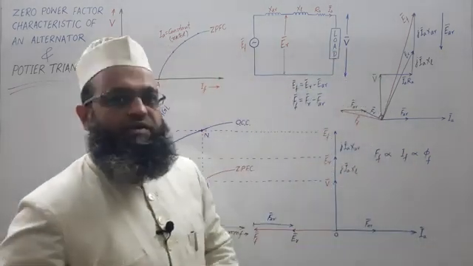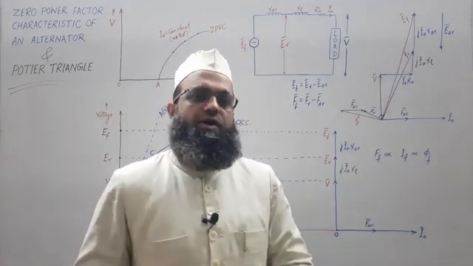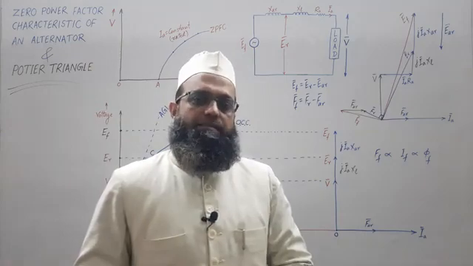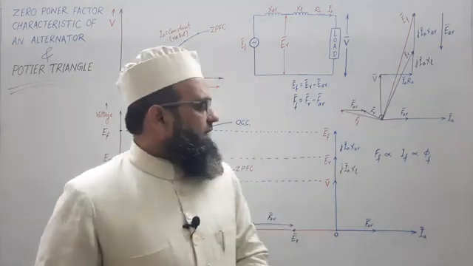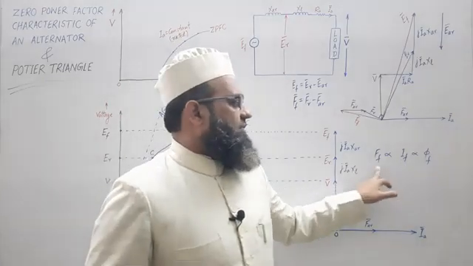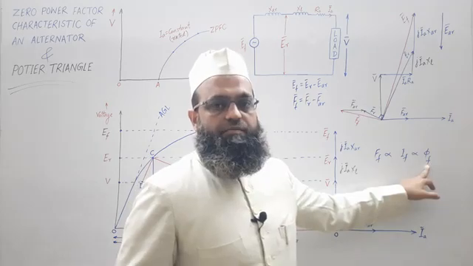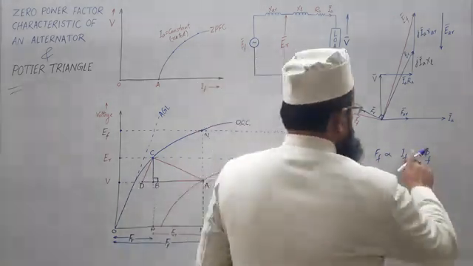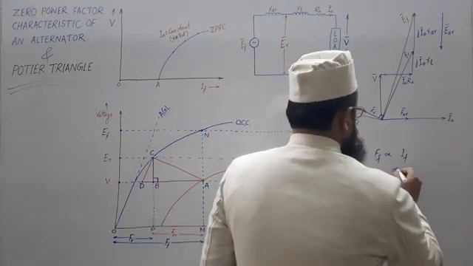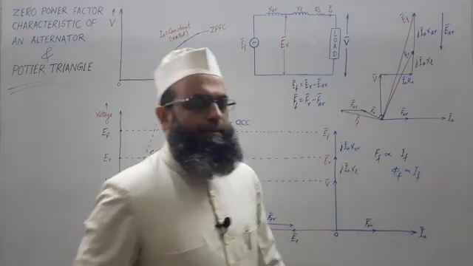We know that MMF is Ni, number of turns into current for any coil. If you want to get MMF, then you need the number of turns and the current flowing through that. That is, if IF is 0, FF will be 0. If IF is 0, phi f will be 0, because phi f is being produced by IF. So we can write it either way, or phi f is proportional to IF. Fine.